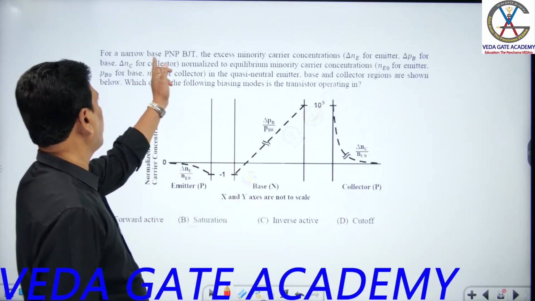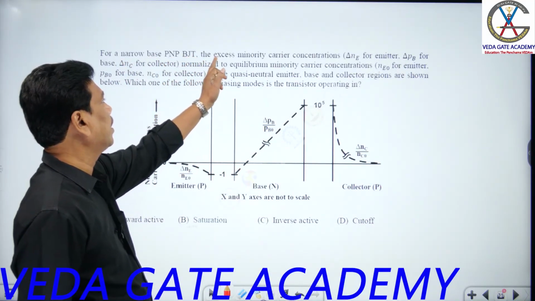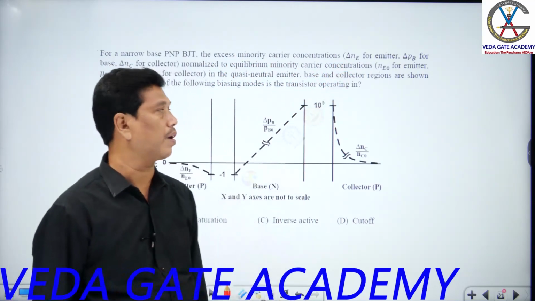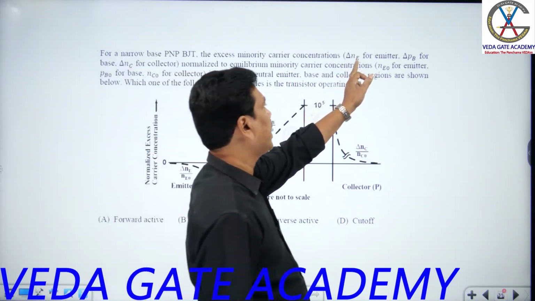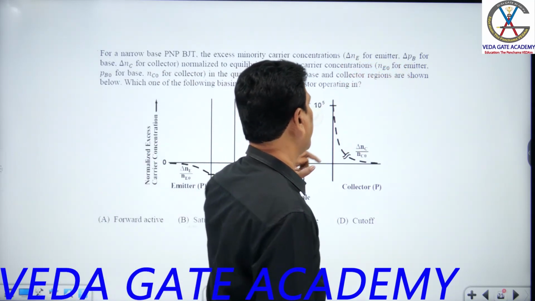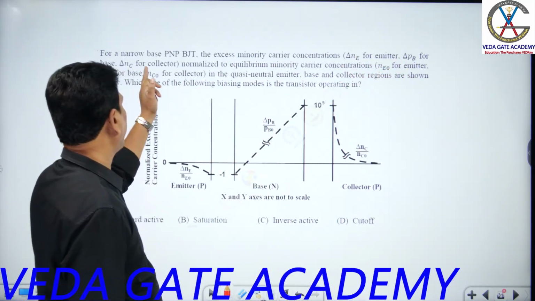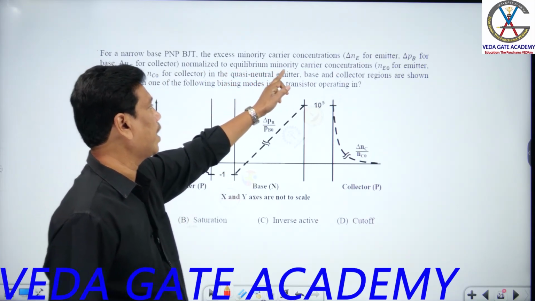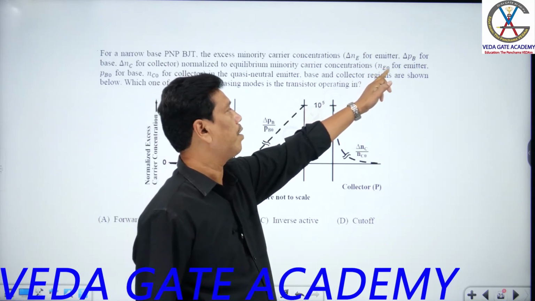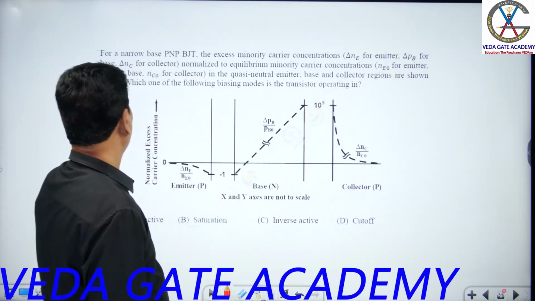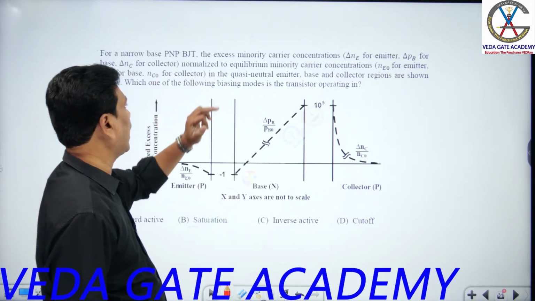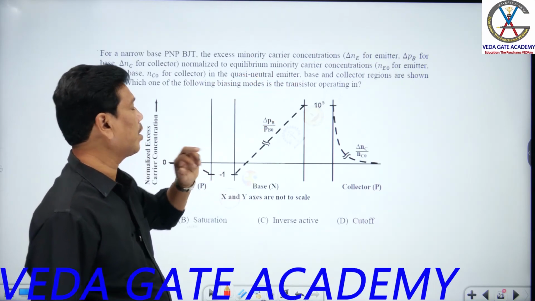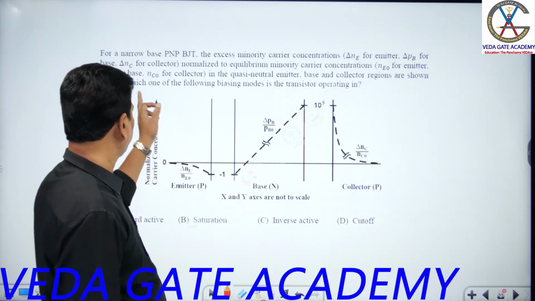For a narrow base PNP BJT, the excess minority carrier concentrations, delta Ne for emitter, delta Pb for base, delta Nc for collector, normalized to the equilibrium minority carrier concentrations, Ne naught for emitter, Pb naught for base, Nc naught for collector, in the quasi-neutral emitter, base and collector regions are shown below.